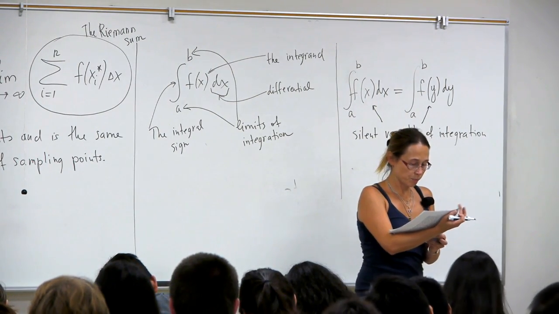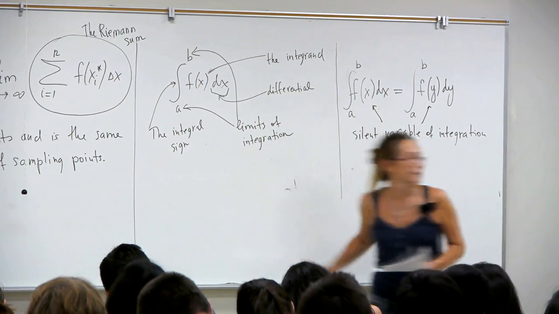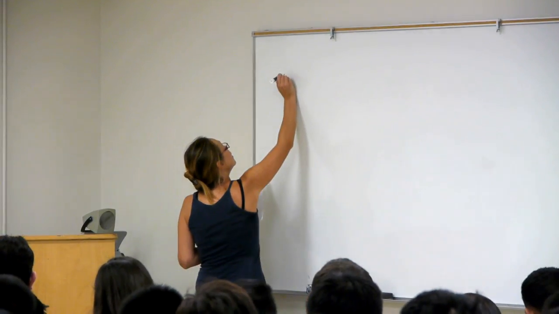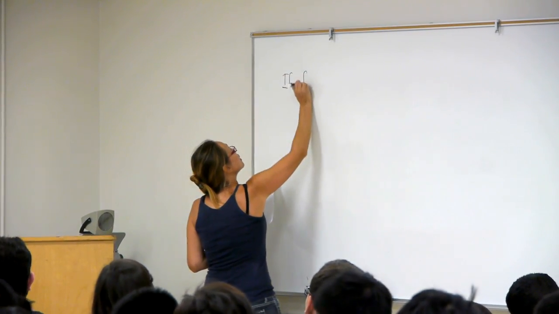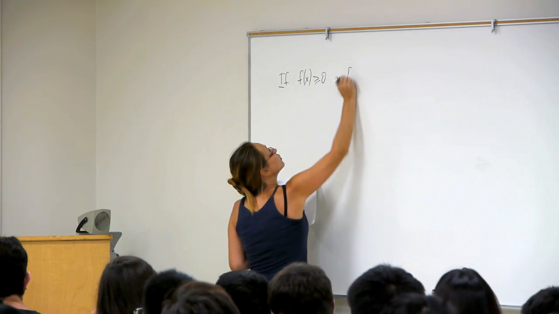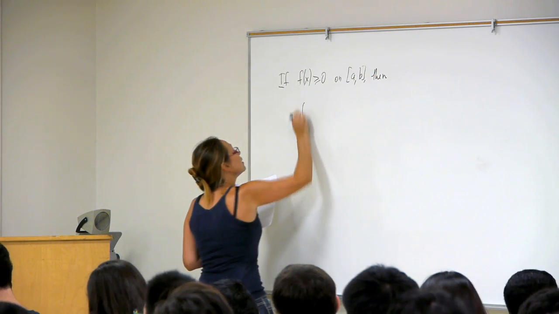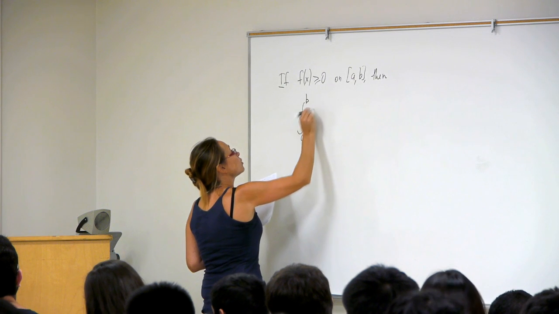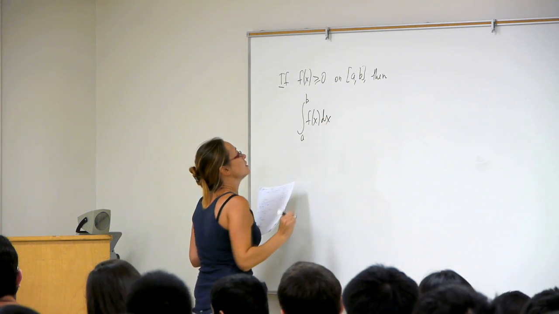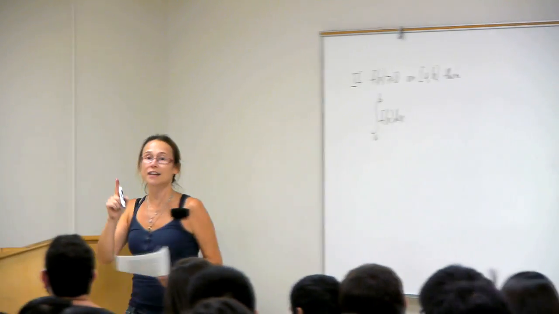So what is the meaning of this new object? If the function of x is non-negative on the interval a, b, then the integral of f of x dx, what is the meaning of that? Do you remember? Area under the curve. Exactly, because we already saw this right-hand side.